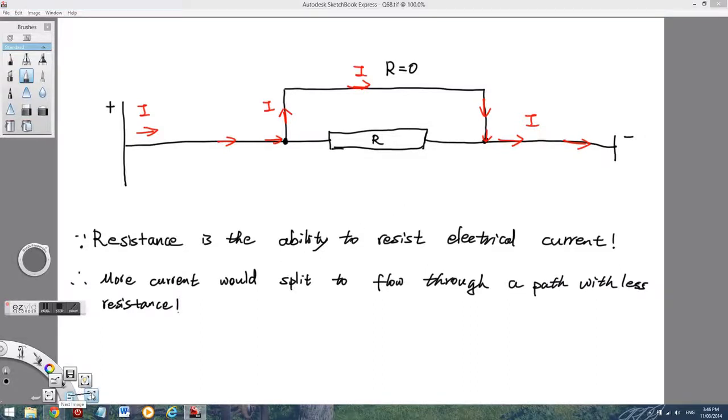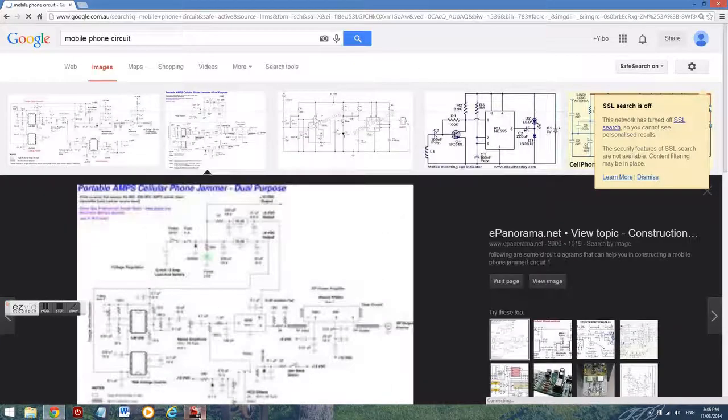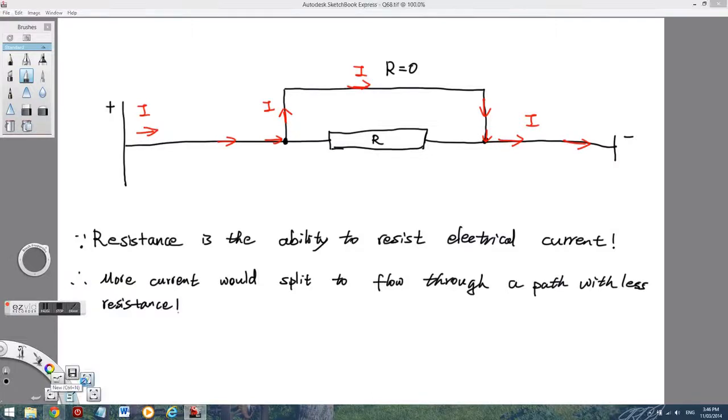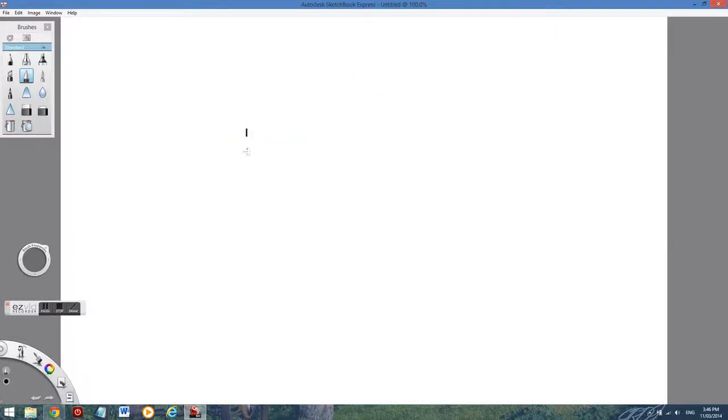So if I drop my phone in water, say I have something like this, a resistance, and somehow the water gets a connection bypassing the resistance.